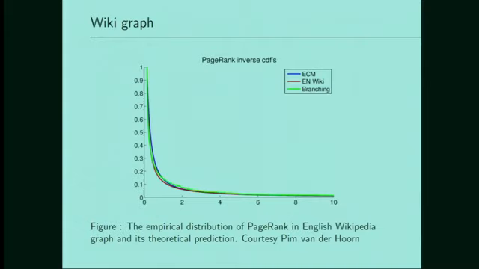And it should not be, because Wikipedia has a lot of triangles, which we sort of ignore in our configuration model. What we did for the configuration model, we took the degrees of Wikipedia, reshuffled them, made the configuration model out of it, and then computed PageRank on it. And it was too similar. So getting rid of all the cycles, triangles, whatever, randomly rewiring Wikipedia, we get the same distribution of PageRank scores. You have to also realize the distribution, right?